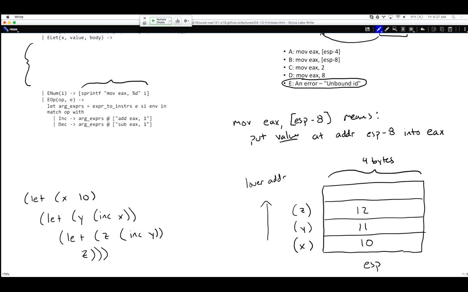We compiled it so we could get the instructions for that sub-expression, which is going to be a list of instructions. And then we use that somehow to combine with more instructions to do the work of this expression. So there's a hint that we might need to recursively call expr to instructions on value and body, and then think about how we'll put those two together.